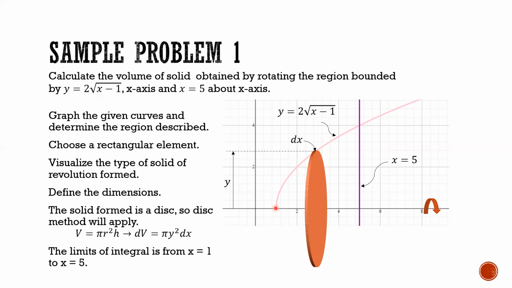Another way of doing that is by setting y to 0, because we want the point of intersection of this curve with the x-axis, and on the x-axis, all values of y are 0. The upper limit is self-explanatory. As we can see, it is just the right-hand boundary of this particular region.